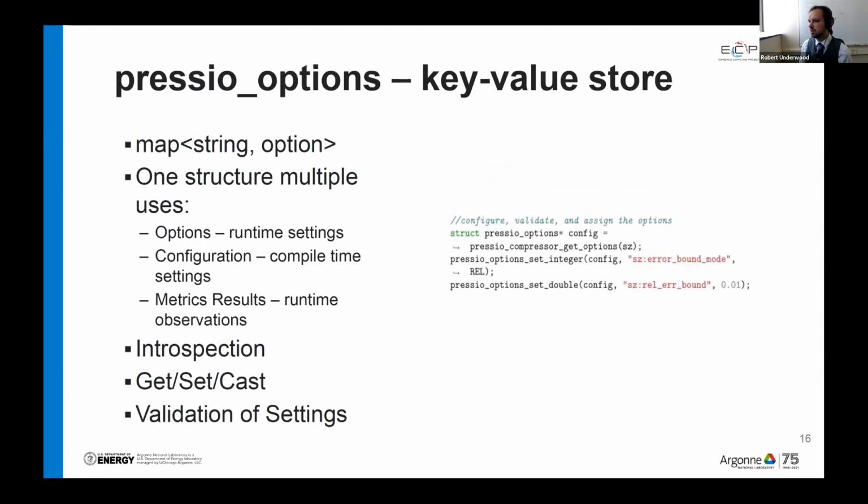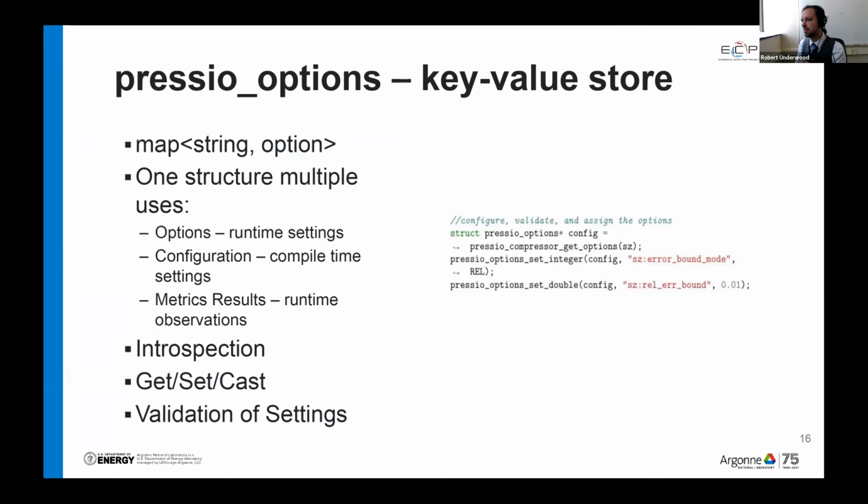Next, we have the Pressio options data structure. Many of these compressors have difficult to modify ways to adopt new compression settings. They may have a struct or certain fields that you would need to modify in order to represent specific configuration settings.